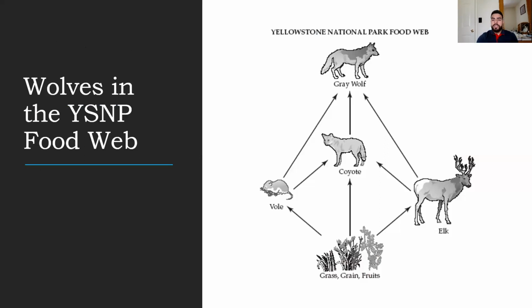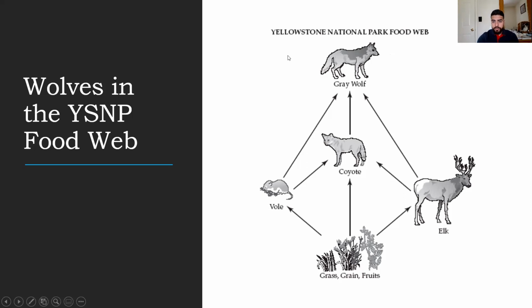To demonstrate this point, we have a food web right here from Yellowstone National Park. Like I mentioned earlier, wolves are the main predators, so they sit at the top of the food web. Right under them you have the coyotes, which sometimes feed on elk, but rather feed on voles. And at the very bottom, you have the plants, which are eaten by most of these animals.